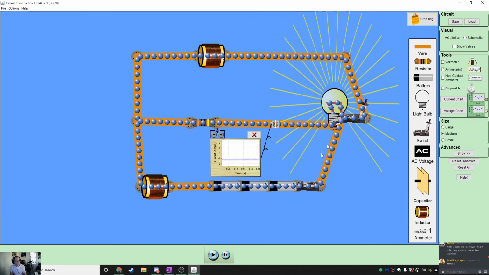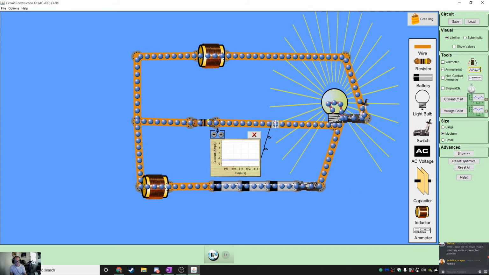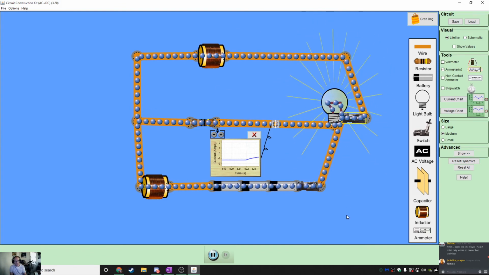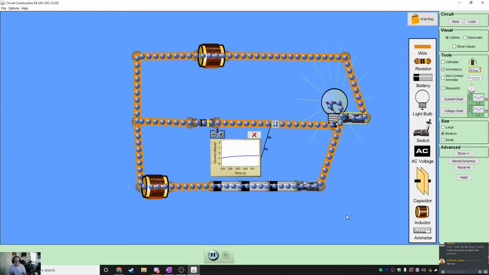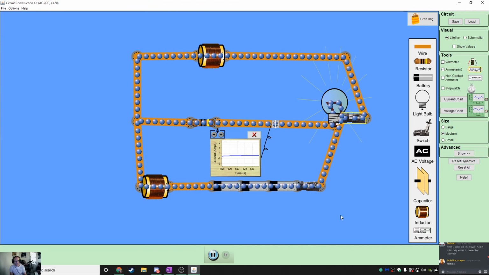I want to switch this one off and this one on, basically. All right, let's just do this and let's see what happens. So right now the current can only flow here, right? If I close this switch, I think it's going to make the current also flow through the top, right? That's probably okay. Yeah, it's fine, right?